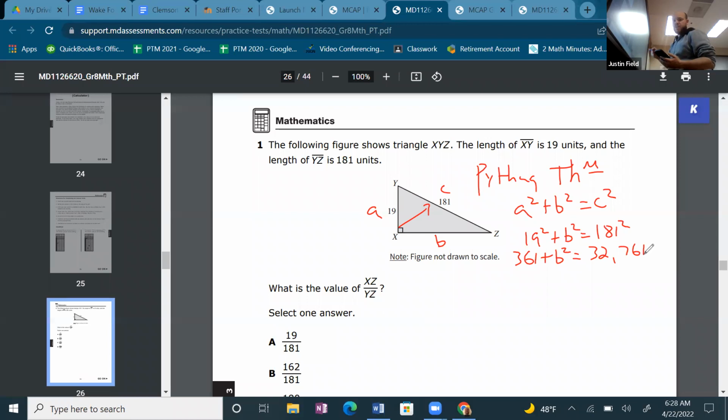All right, now we're going to get the numeric terms over to the other side by changing it. We're going to move that 361 over, change the sign. So 32,761 minus 361, which is 32,400.